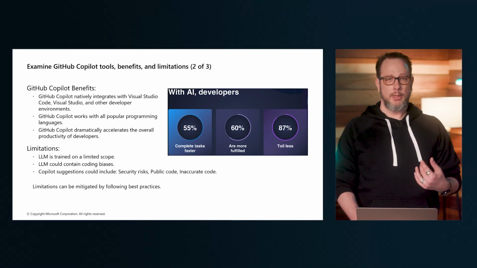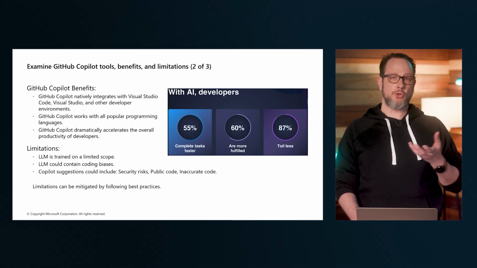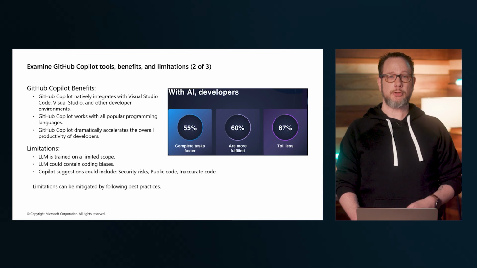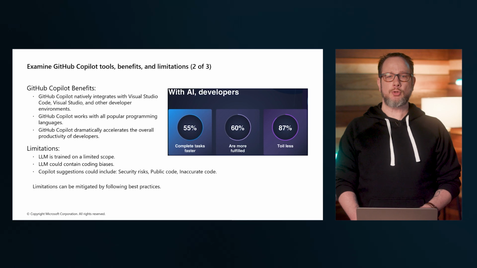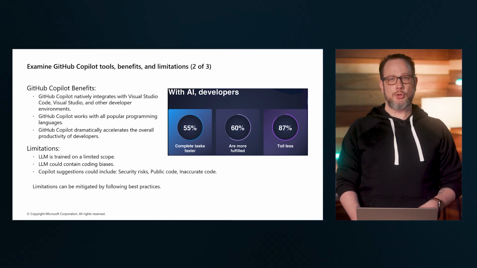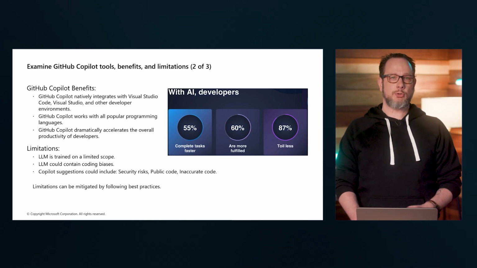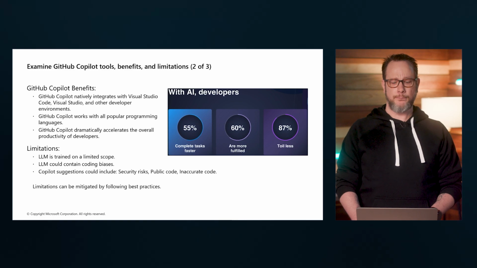Next to that, it also brings in potential security risks, not always understanding the specifics of what you as an organization have already defined. Although we do have some scenarios, if you have GitHub Enterprise Edition, it allows you to tune and add some specific tweaks into how GitHub Copilot behaves.